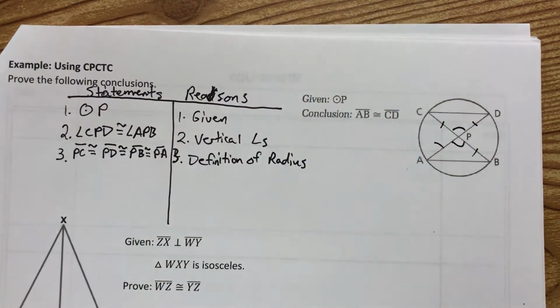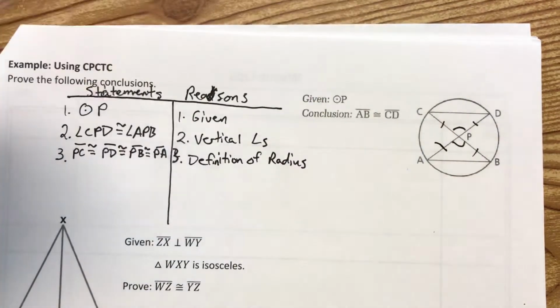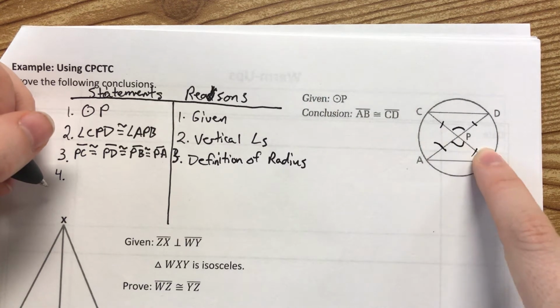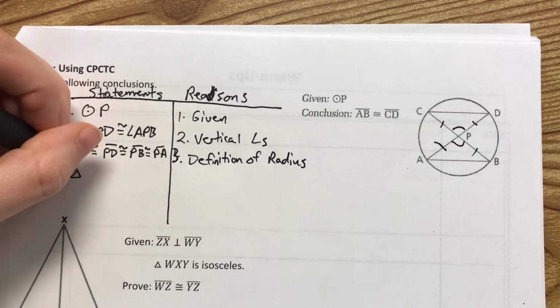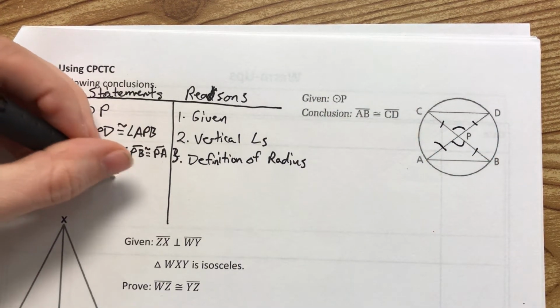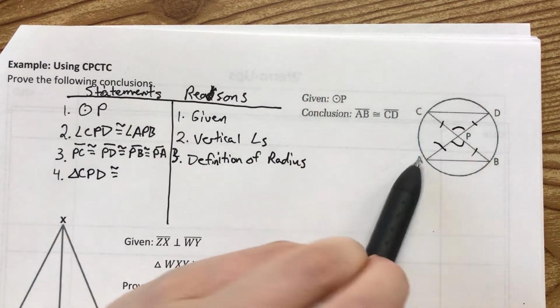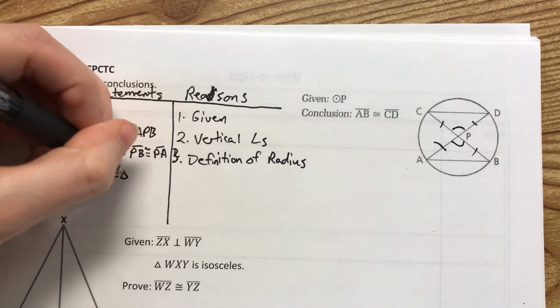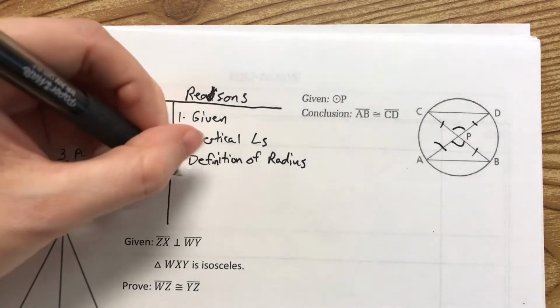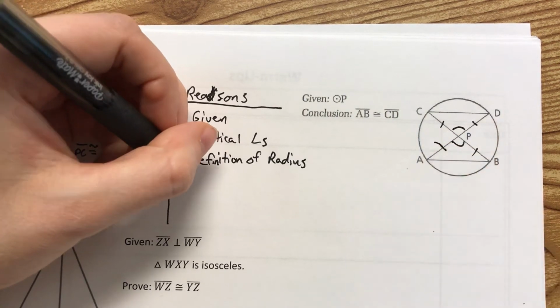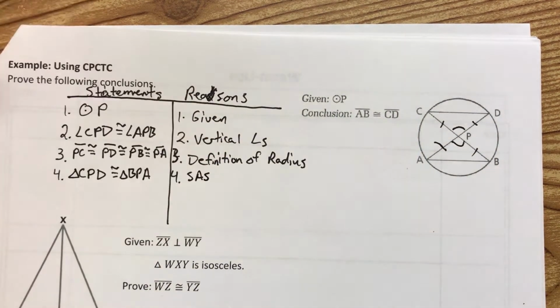All right, so I can put those congruency markings. And now when I look at my circles and the triangles inside of it, I can see that those two triangles have enough information to prove that they are congruent. So I can say triangle CPD is congruent to, I've got to make sure my names are right, triangle BPA by side, angle, side congruence.